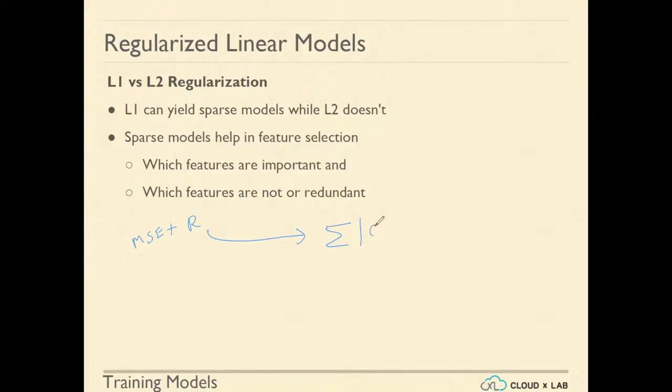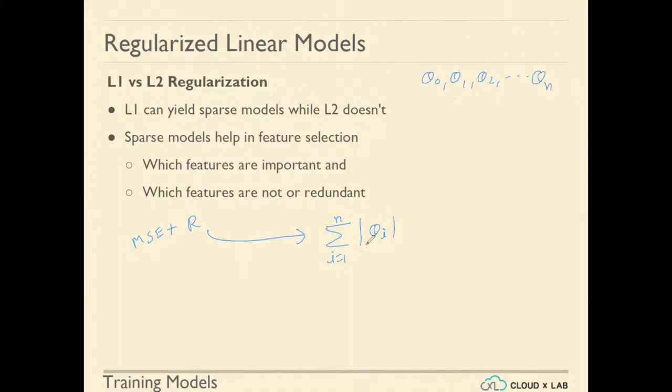If you are taking L1 norm, then here I will write theta 0, theta 1, theta 2, and so on. So suppose I have these unknowns, theta 0, theta 1, theta 2, and so on. Theta 0 is the bias term, and then we can have theta 1, theta 2, and so on, right? So I will write summation of theta i, i equal to 1 to n, if I have n number of unknowns, right?